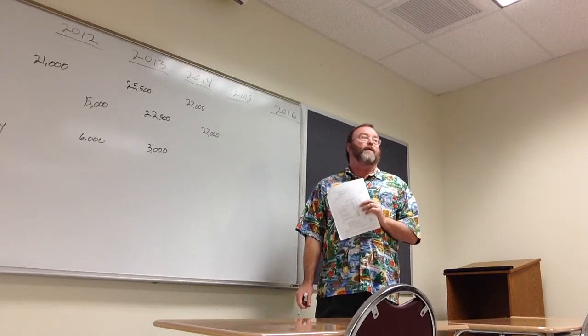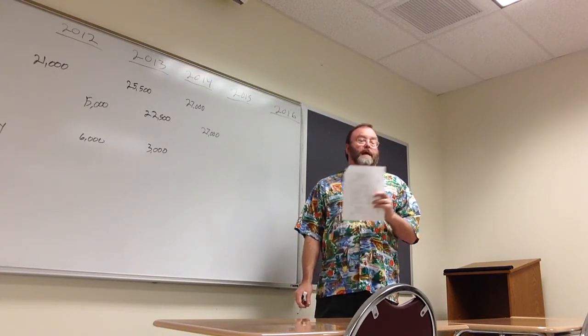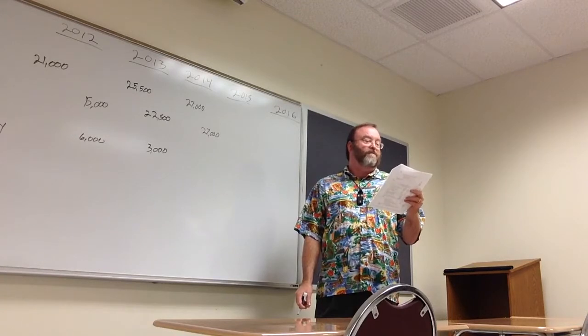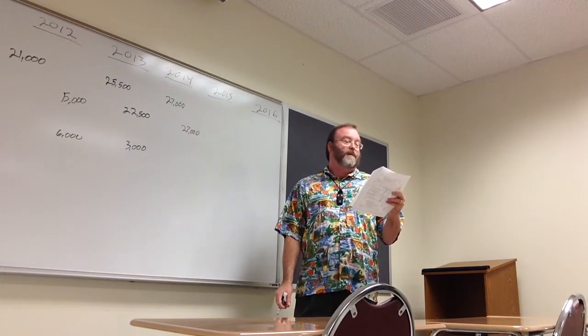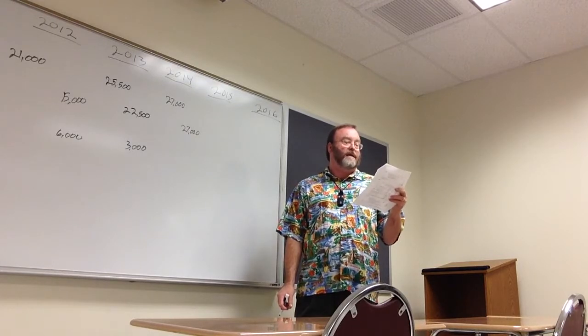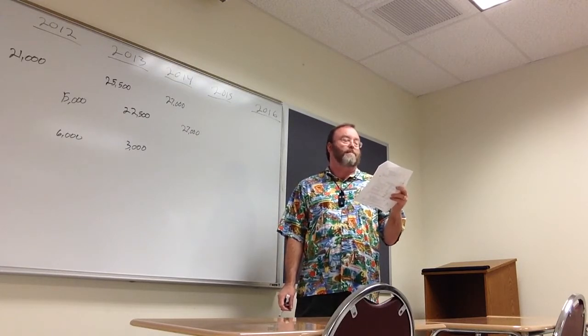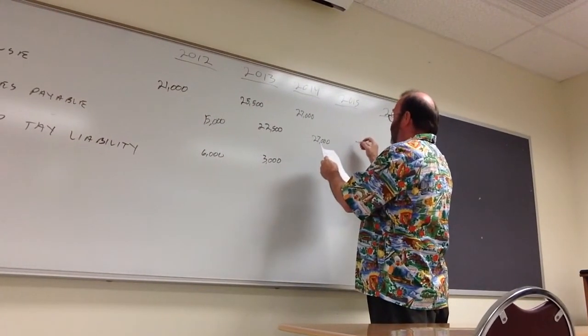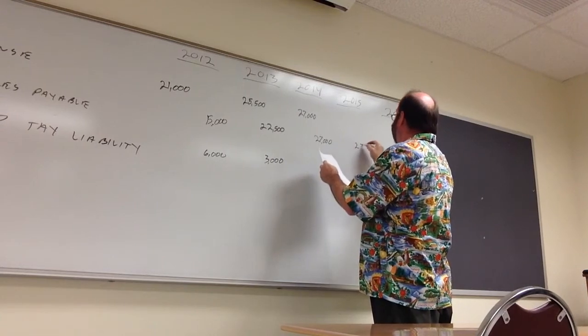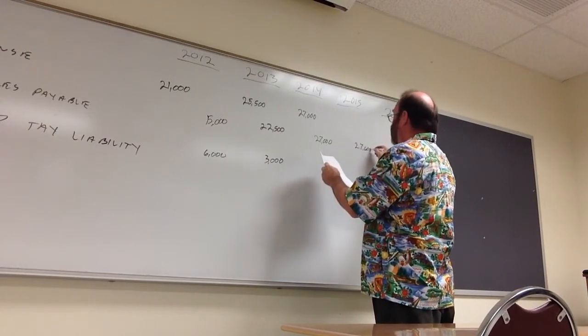Now it turns around on us. Now for 2015, starting with income taxes payable, taxable income is $92,000 times the 30% gives us a payable of $27,600.